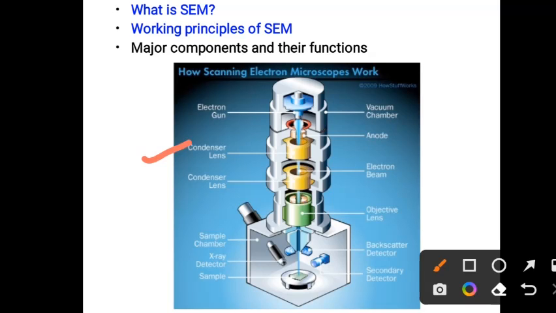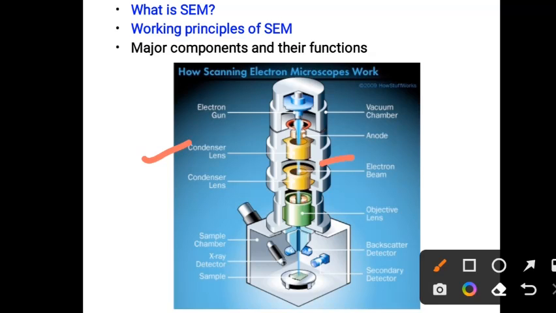Next is the electron magnetic lens. Electron magnetic lenses are used to magnify and demagnify the diameter of the electron beam, and the change in the path of the electron beam is achieved by electromagnets.